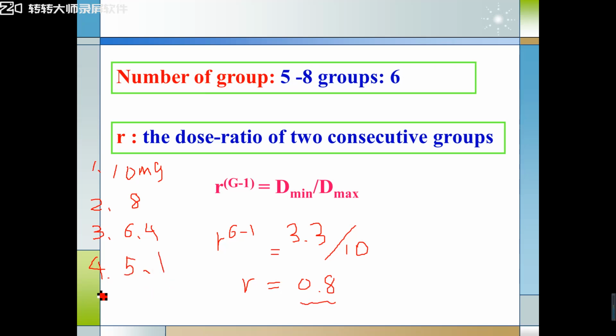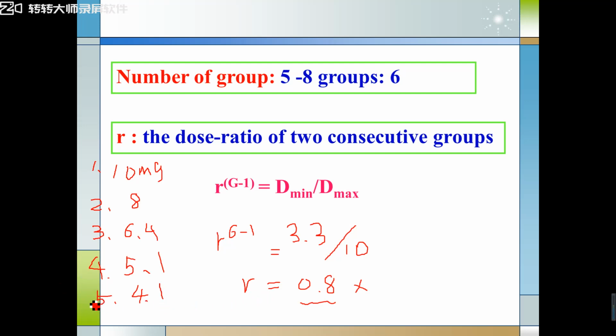5.1. Okay. And then the fifth group also at the same ratio to dilute the drugs. That means the fourth group's dose is 5.1 multiply 0.8. That means the drug dosage in the fifth group is 4.08, about 4.1.